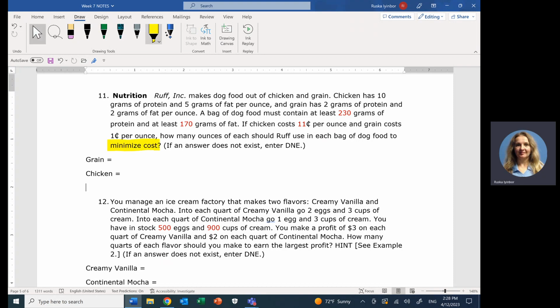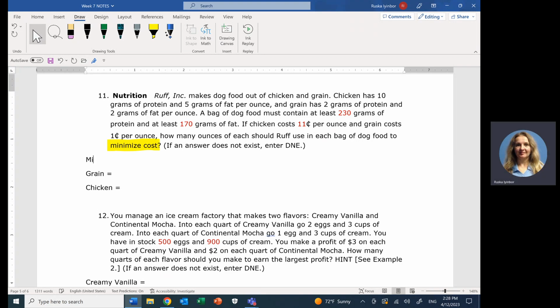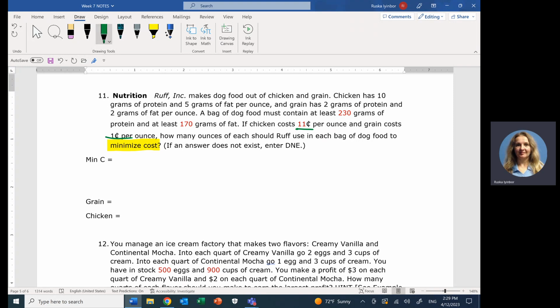So first we need to get the function which you're going to find the minimum. We need to find the minimum of the cost function, using the numbers they give us, 11 cents per ounce of chicken and 1 cent per ounce of grain.